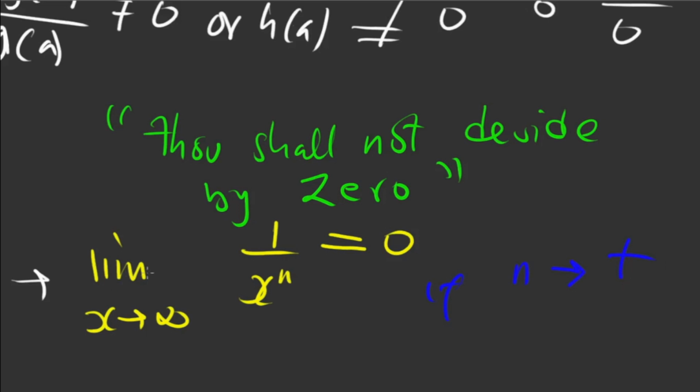So if n is greater than 0 and you have 1 over x to the power n, then this will be 0.